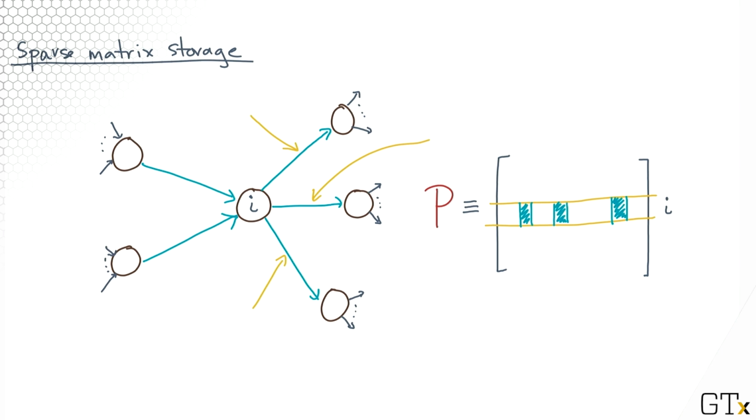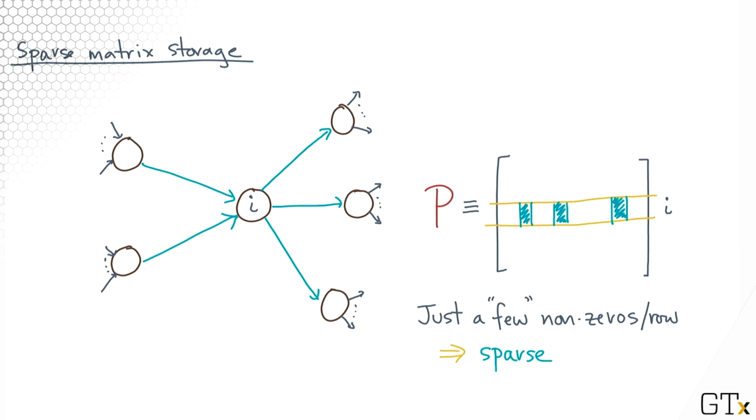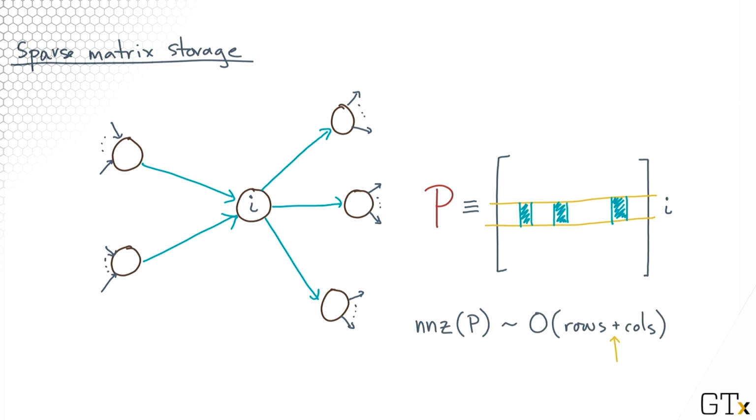It only has non-zero entries wherever there are edges in the graph. Now in most real-world graphs, the number of non-zeros per row is relatively small, meaning that the matrix is mostly zero. So in those cases, we say that the graph or the matrix is sparse. So what's small?